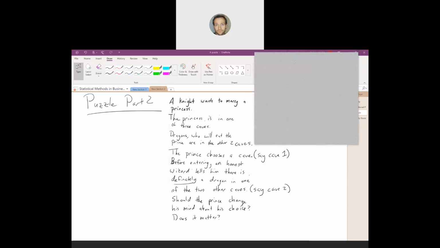The wizard names one of the other caves as definitely having a dragon. Any other questions? No? Okay. There's 5 minutes.